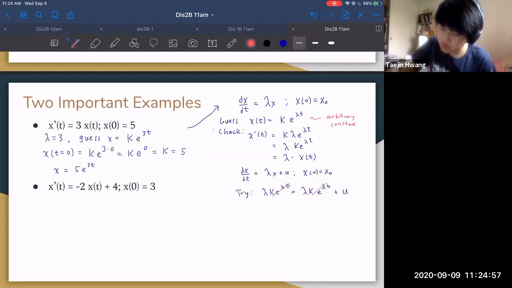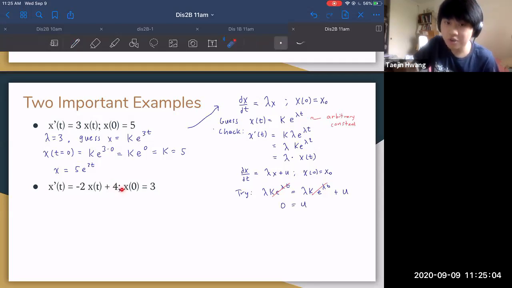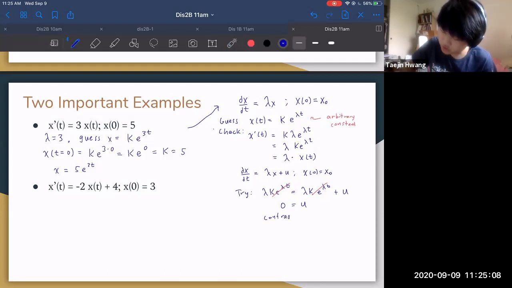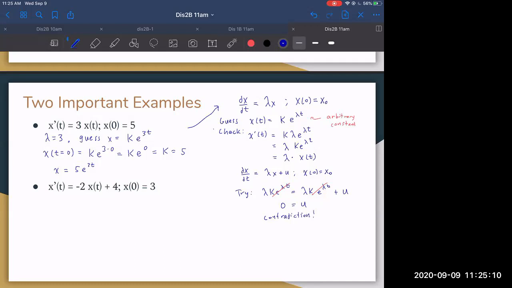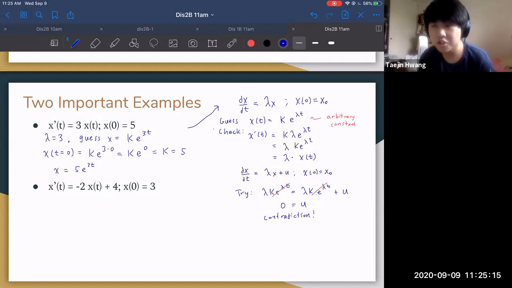And if you cancel both sides, you would show that u is equal to 0, but in this case, u is non-zero. So this is a contradiction, which means our guess doesn't work.